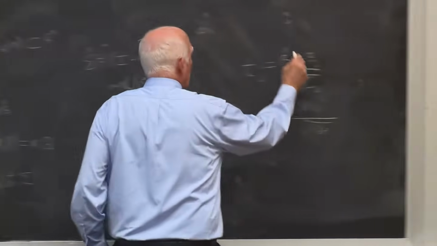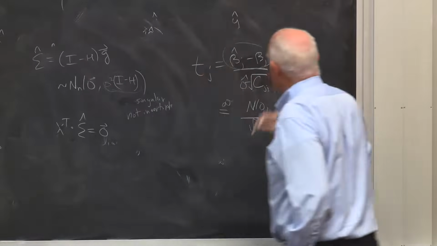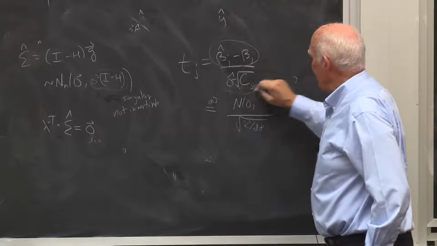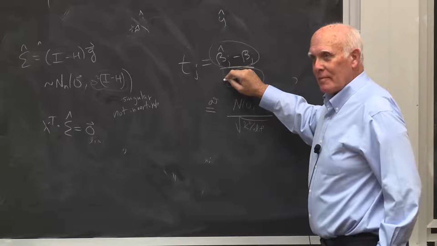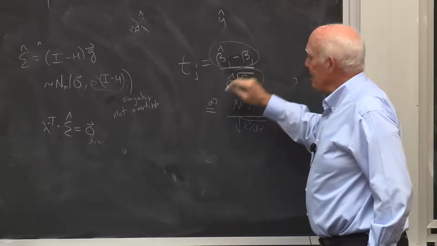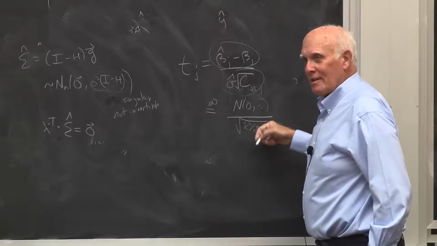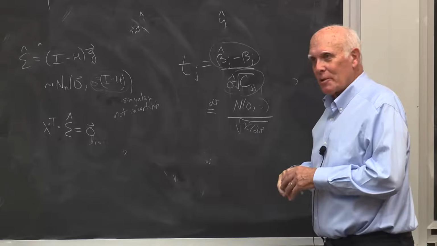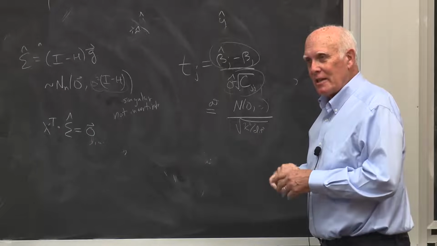Well, if this numerator is a normal and this denominator is random, random near 1, then we'll have a heavier tail distribution with the t.